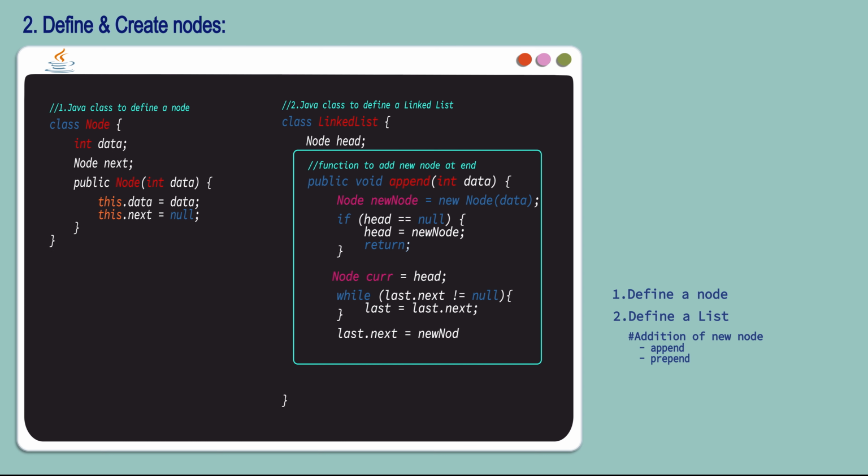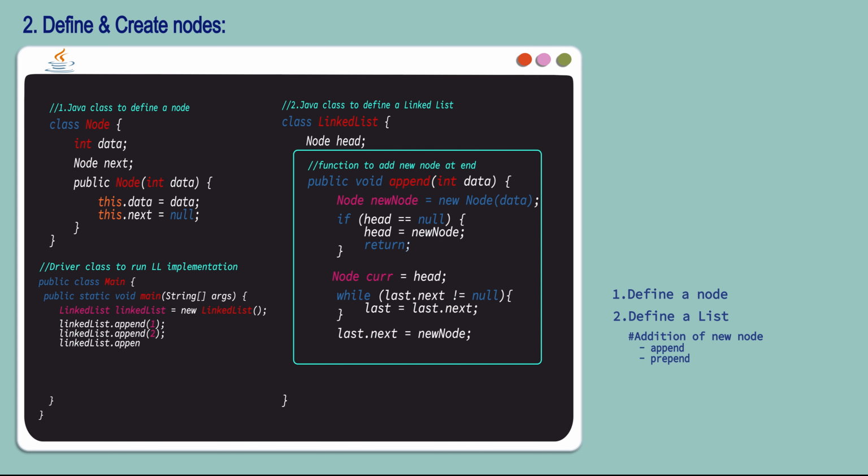Let's write a driver class which can make a call to the function and keep inserting the elements at the end. Initially we are trying to insert three elements, that is 1, 2 and 3.